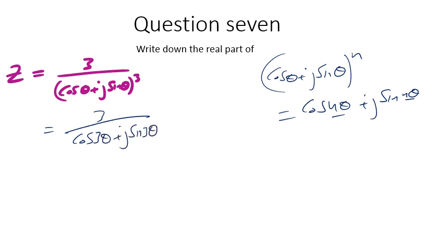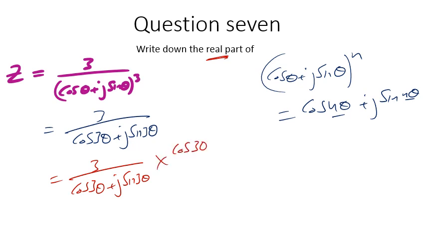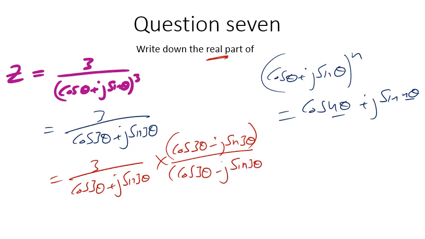It's still not very good because we want the real part. So this becomes 3 over cos 3 theta plus j sine of 3 theta. What do you do next? Of course, multiply by the conjugate, cos 3 theta minus j sine 3 theta.